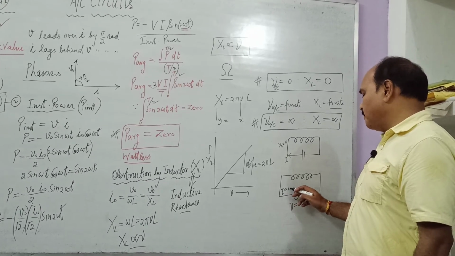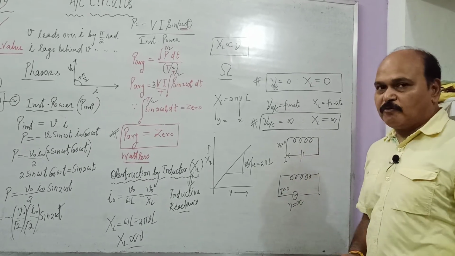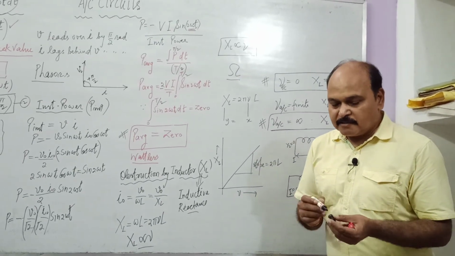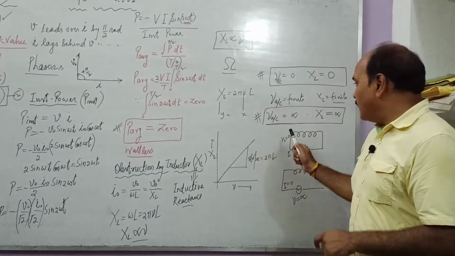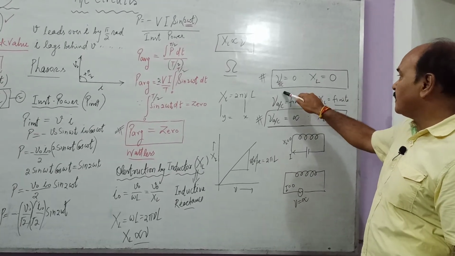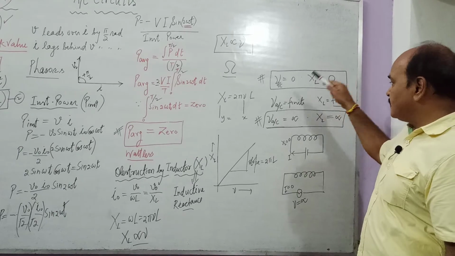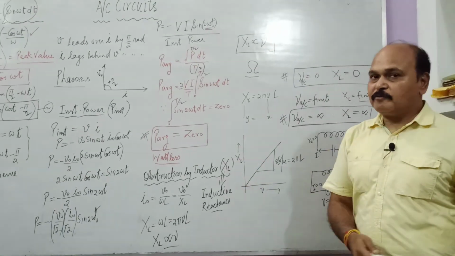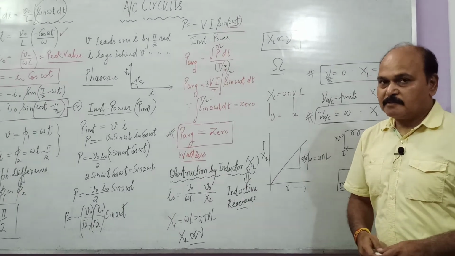When obstruction is infinite, that means the current cannot flow. So through an inductor, AC current cannot flow. DC current can flow. If the AC has finite frequency, in that case AC can also flow with finite obstruction.